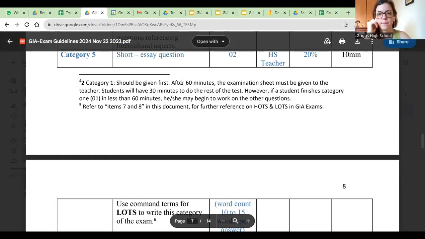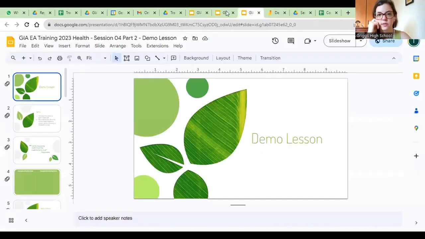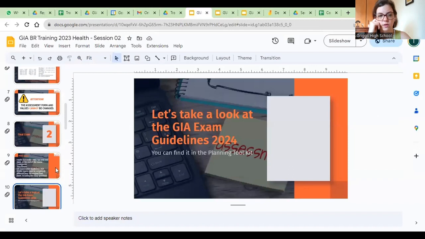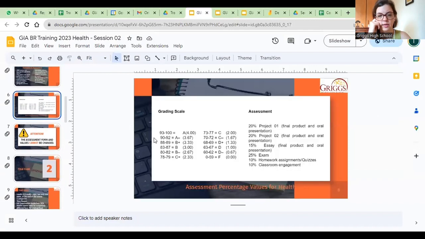Okay, yeah. So this information, is this the one you're referring to? This you should give to the students on the first day of class. On the first day of class, I like to show them the course description.